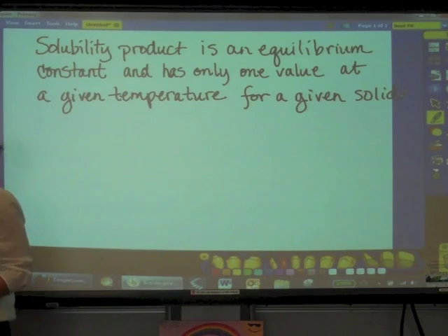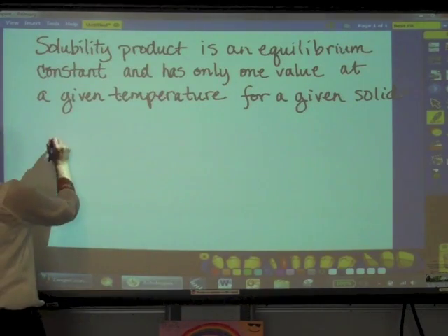Okay, and so what I'm trying to say to you guys is that solubility, how much something will go into solution, whether it's soluble or insoluble, honestly, solubility now, what we have to think of it as being is on a continuum. And that solubility is truly an equilibrium position.